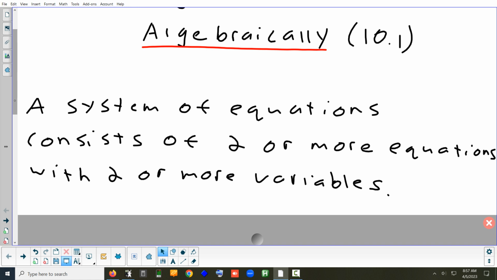Anyone remember how to solve a system of equations? Can you summarize that in a single word for me? Substitution.